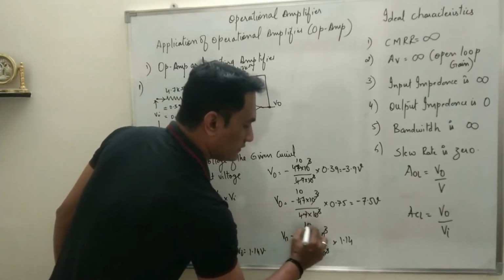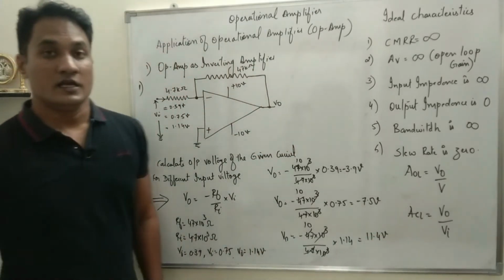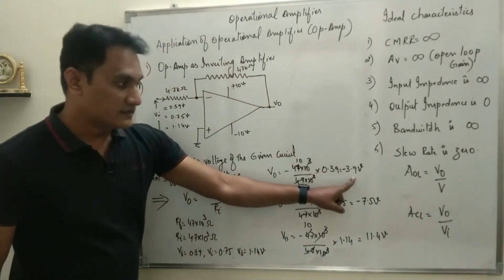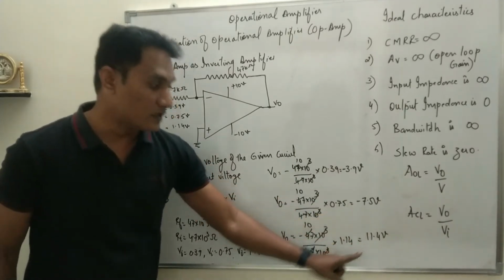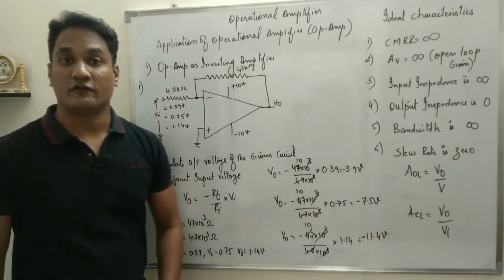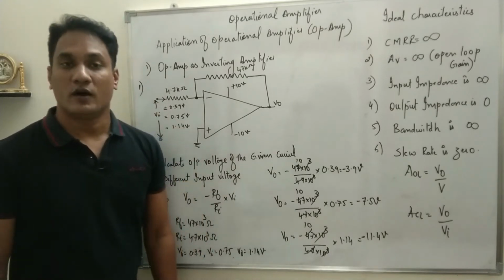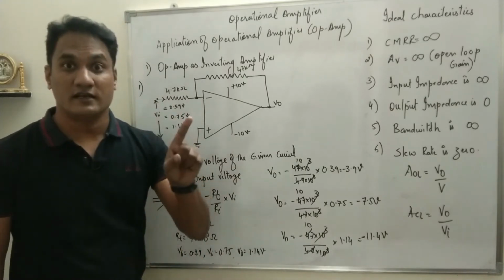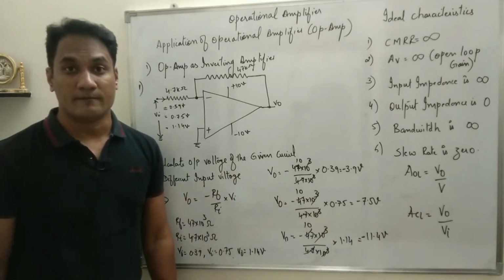So again this value will be 11.4 volts. Of course the first answer is right, the second answer is also correct, but our third answer will be wrong. Of course I have to mention it as minus 11.4. The minus sign indicates there is a phase shift of 180 degrees between input and output. Still, my answer of minus 11.4 volt will be wrong.